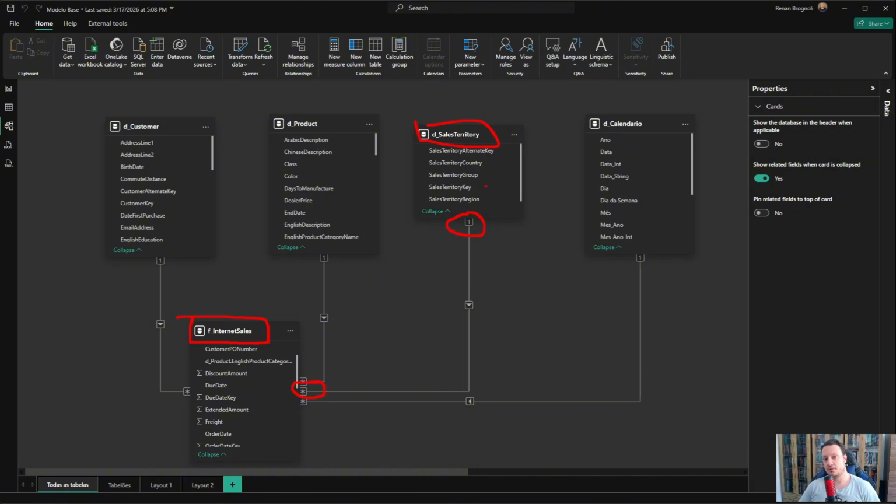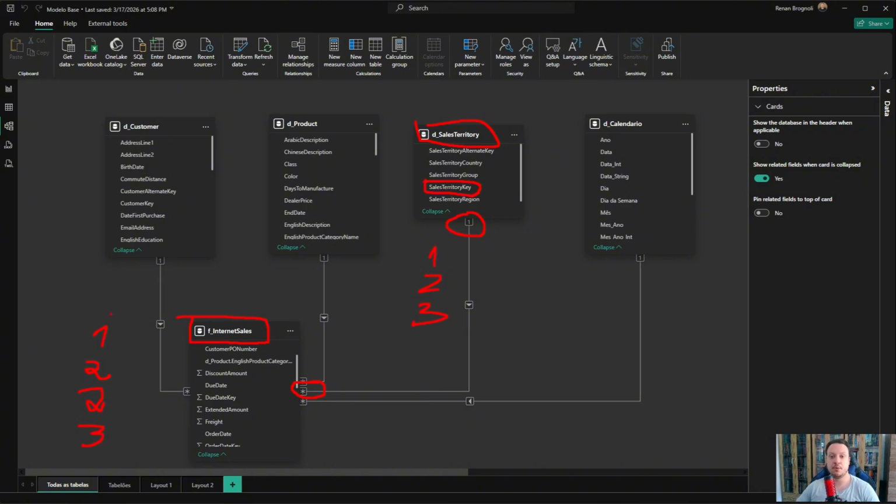We all know that we group the relationships based on keys. So for instance, here we have our sales territory key, and we will have the same key here. So here we have, let's say, 1, 2, 3. We have 3 different countries, 3 different keys. And we have here, for instance, sales for the 3 countries.